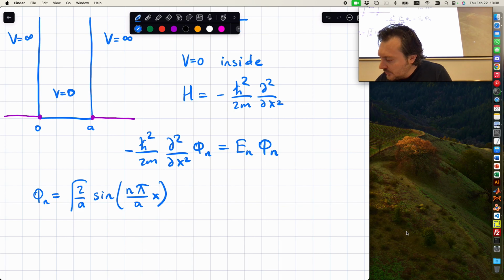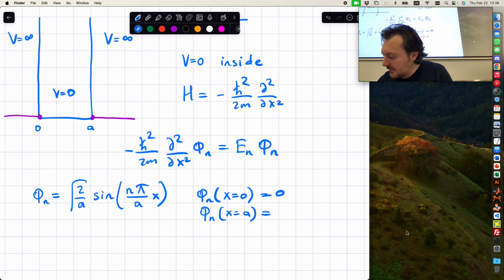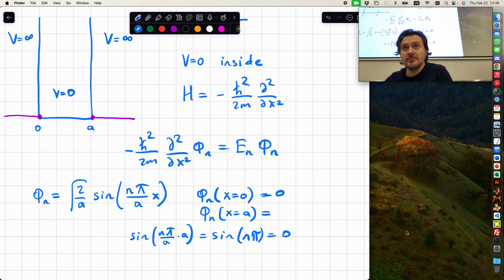So phi n at x equals 0 is 0. Do you agree? Phi n at x equals a is also 0 because sine of n pi over a times a is sine n pi. n is an integer, so it's going to be 0.